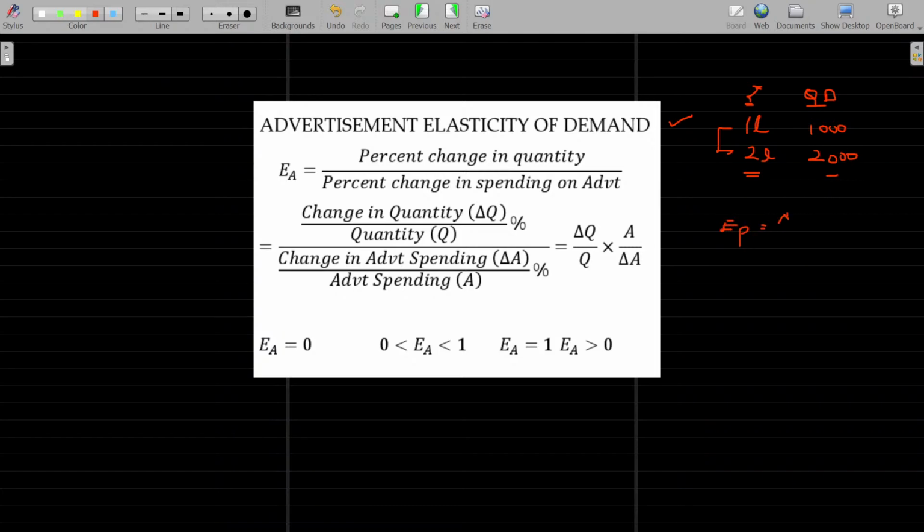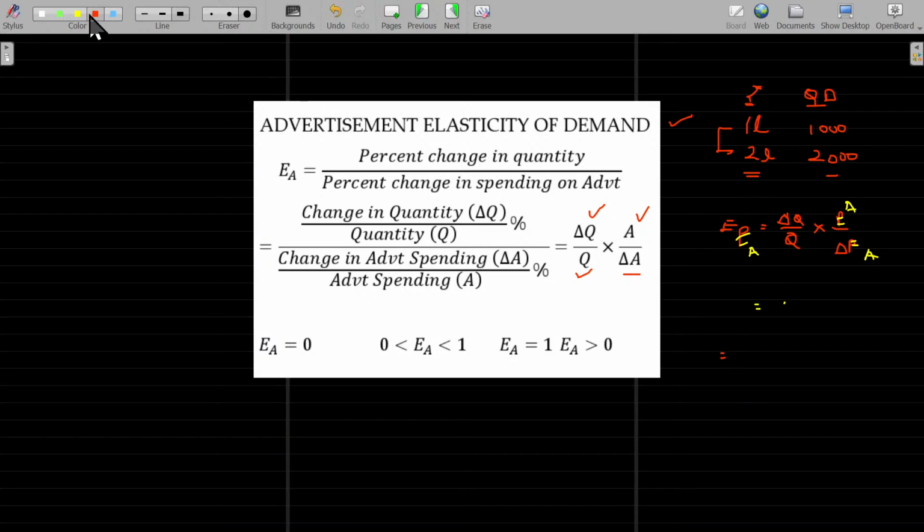Change in quantity divided by quantity, into price divided by change in price. The same way here, rather than the price, I am going to take the money spent on advertisement. So the formula is change in quantity divided by quantity, and amount spent for the advertisement divided by the change in amount spent for the advertisement.